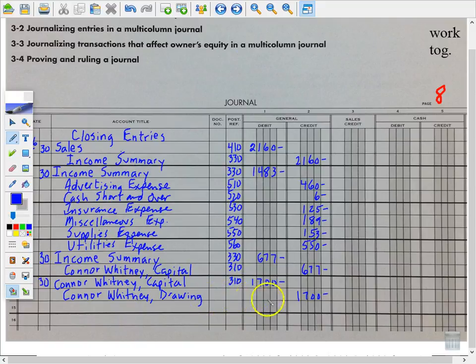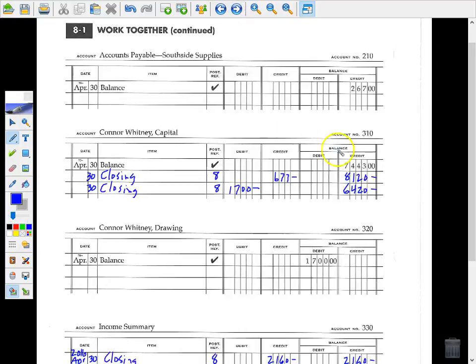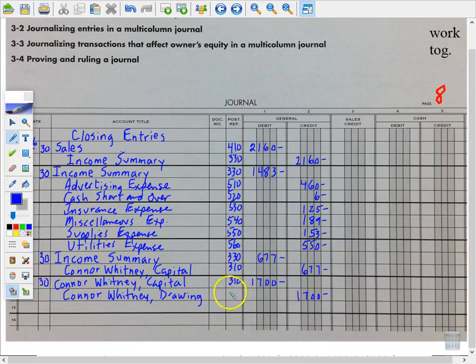All right, looks like we just got one more. Close the drawing account. And 320.